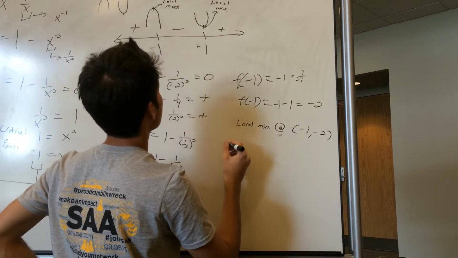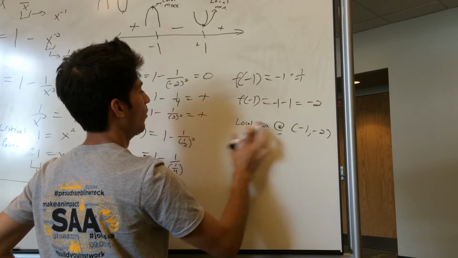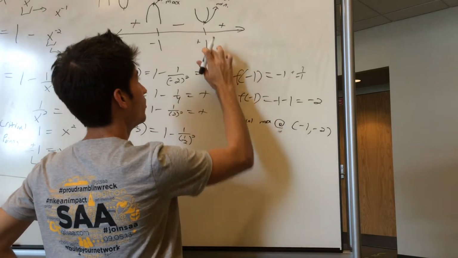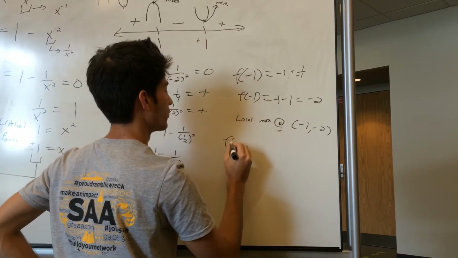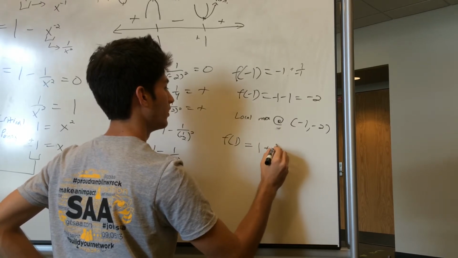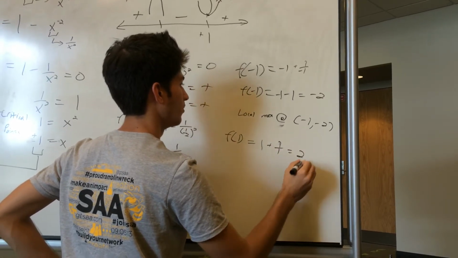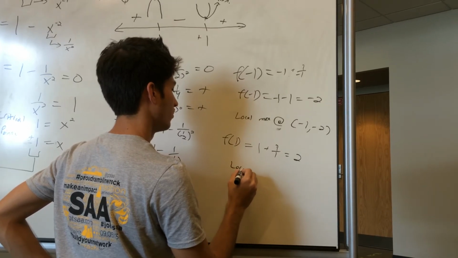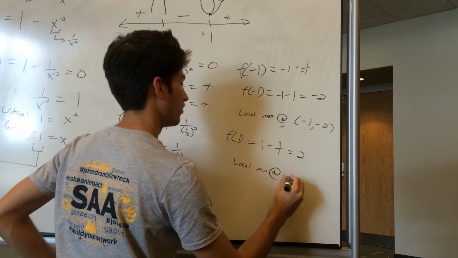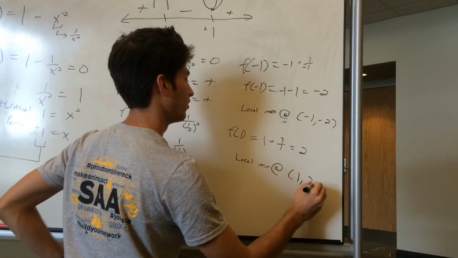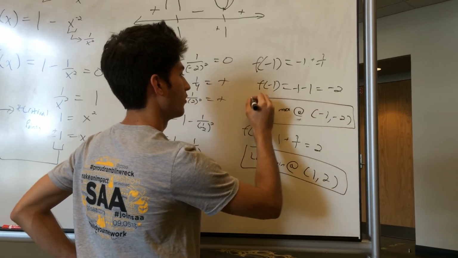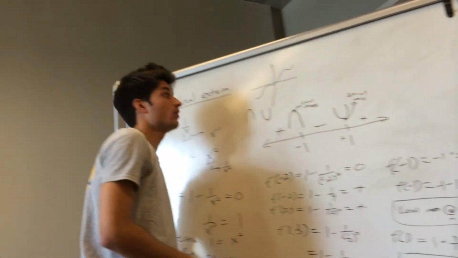To test for our min, plug 1 into our original function. We get 1 plus 1 over 1, which equals 2. So the local min is at 1 comma 2. And that's how you find the local mins and maxes of any given function.